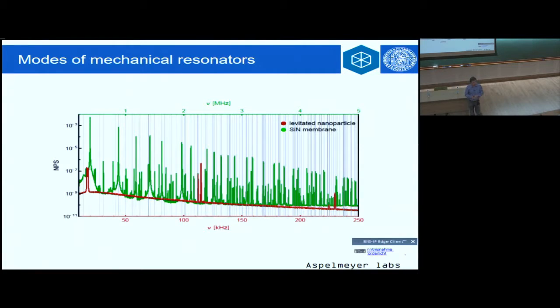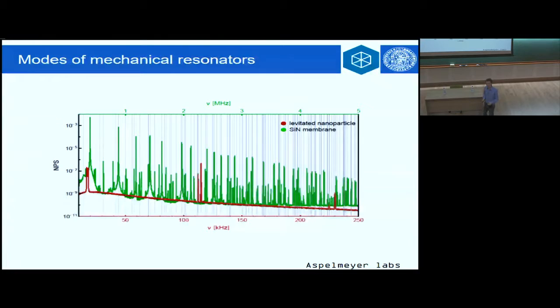This is a little demonstration that shows that there's another little advantage. When you look at the green, that's a spectrum of the whole set of mechanical modes in the silicon nitride membrane, and the red is the spectrum one can see for a levitated nanoparticle.